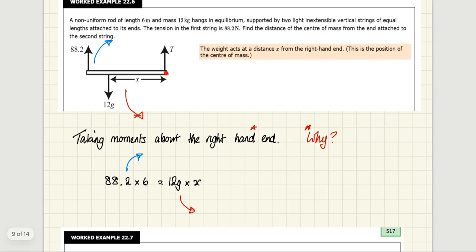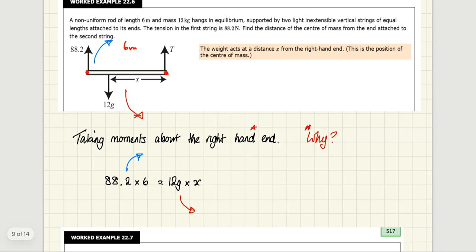Yeah, but we also know the full length is 6. So if I took it from the other end, the moments would be, we just know it's 6 meters, whereas this one it's x. So we actually know the distance. Yes. But what would we not know?